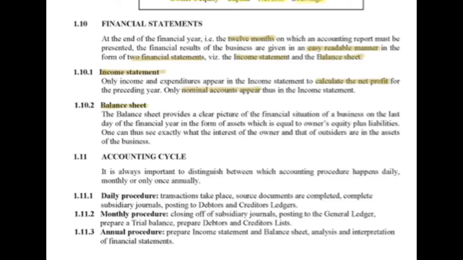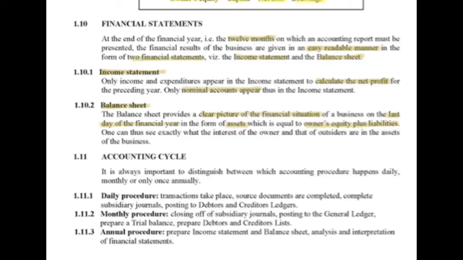The balance sheet, on the other hand, provides a clear picture of the financial situation, or we can also say the financial position, of a business on the last day of the financial year. So the income statement is for a period of 12 months, whereas the balance sheet shows a clear picture on that specific day, in the form of showing all the assets, which is equal to owner's equity plus liabilities.